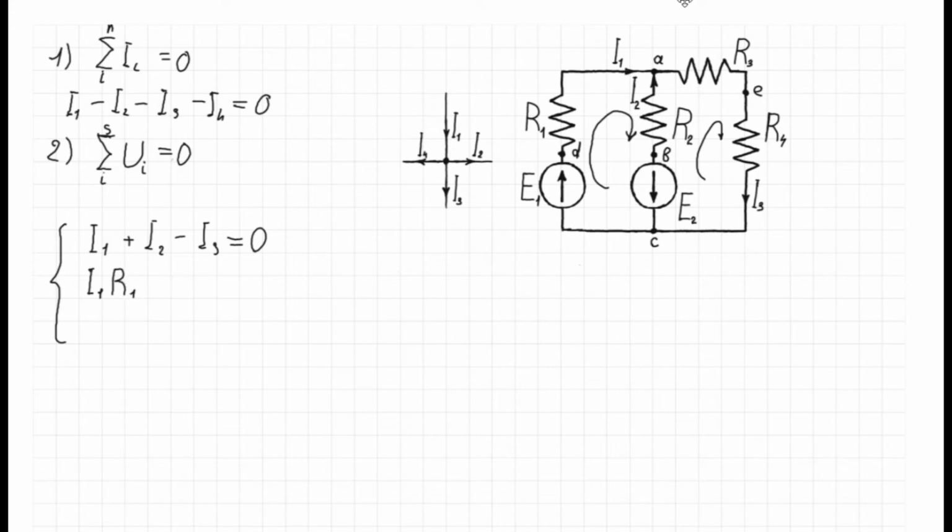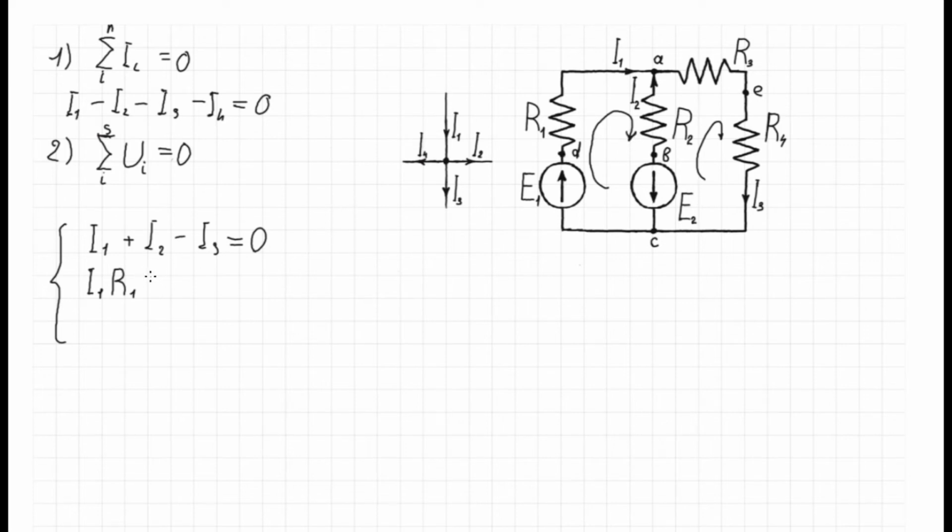And here we see the current second, current 2, is inverse to current 1, and opposite to the direction of our going along this loop.